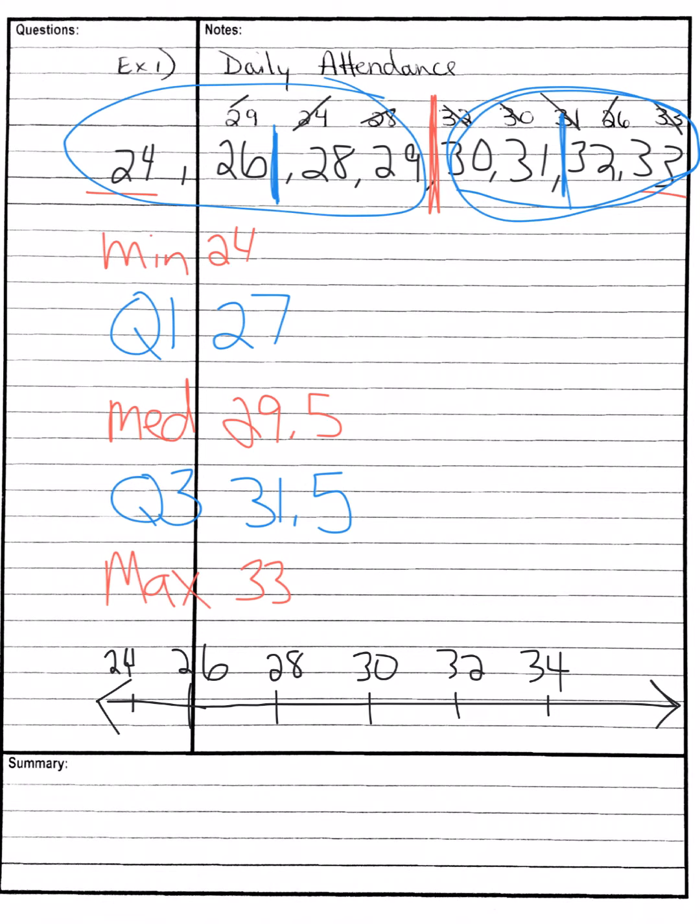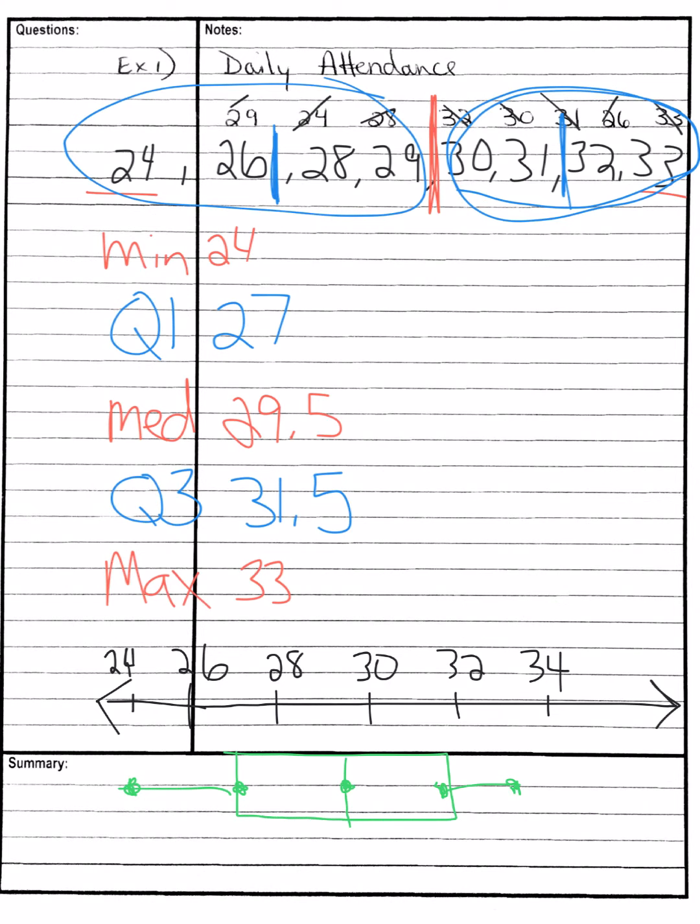The minimum value is 24, so I'm going to put a dot at 24. Quartile 1 is at 27. The median is at 29.5, so we're pretty close to 30. We're going to have to estimate there. Quartile 3 is at 31.5, and the max is at 33. So our middle creates the box, and we have our whiskers.